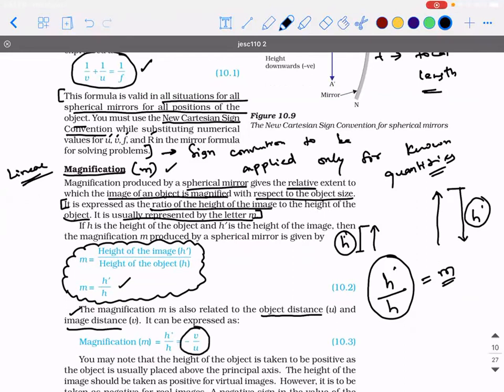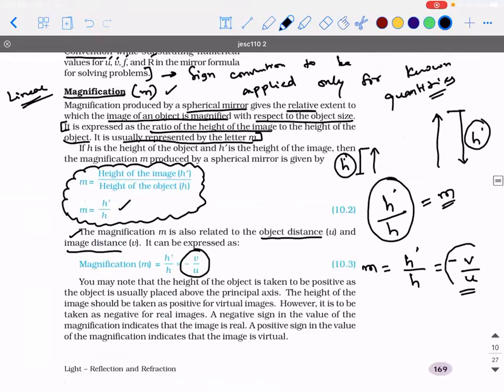So there are two formulae, guys. m is equal to h dash divided by h, and this is also equal to negative of v divided by u. The minus is already there in the formula. An important condition to be noted is that while solving problems, you need to apply sign convention.